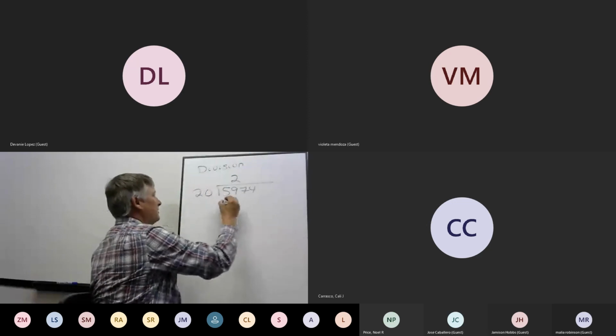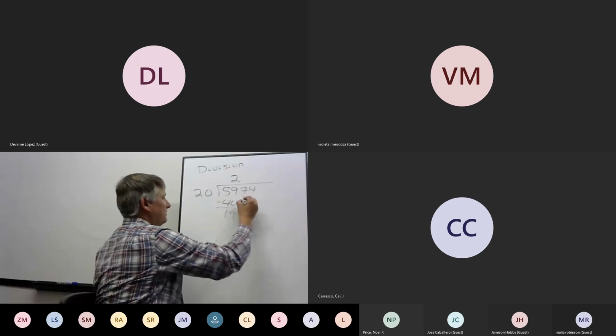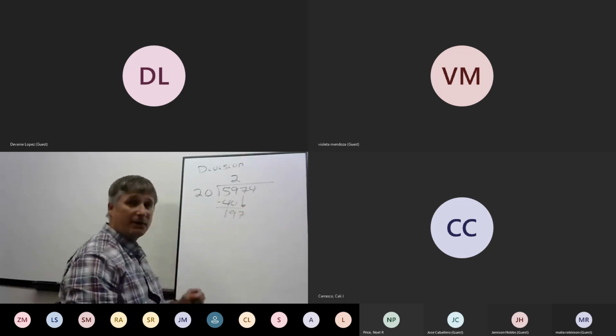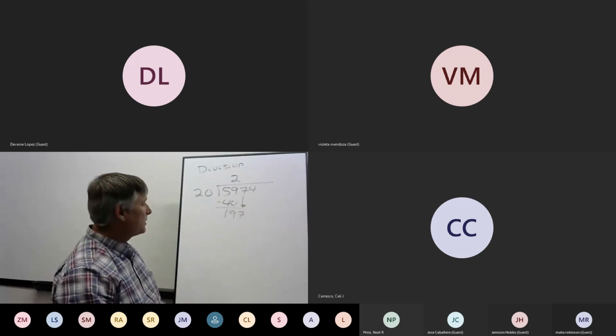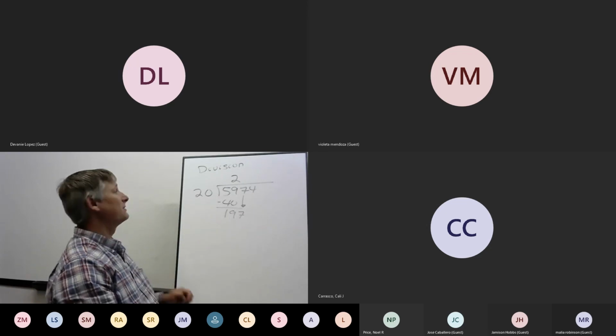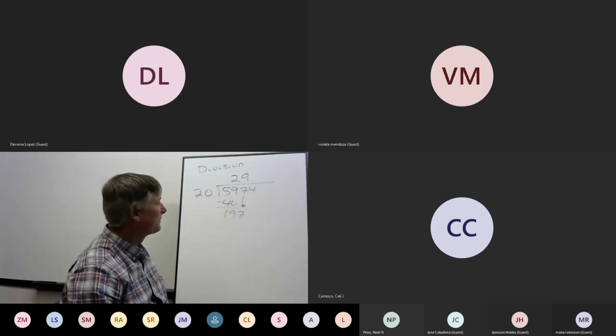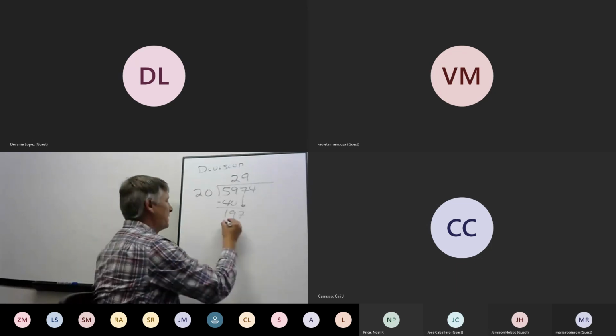So 2 times 20 is 40. Subtract, it's 19. Bring down the 7. Now 20 goes into 197 at most 9 times. You can play around with this on a calculator. 9 times 20 is 180.